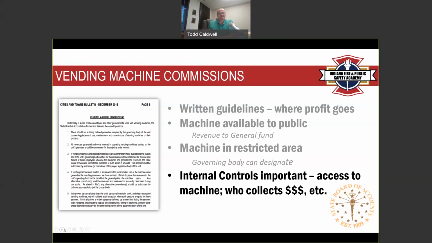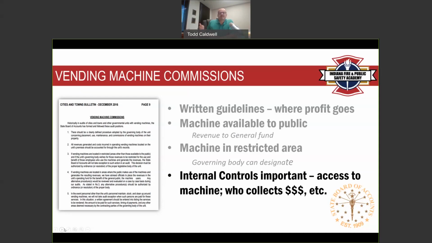And our thought process is, if the machine is in an area, let's say it's out in front of your firehouse where anybody, a kid riding his bike down the street could stop and get a pop or something, that money should benefit everybody as a whole. And that's why we say that situation should go in the general fund.